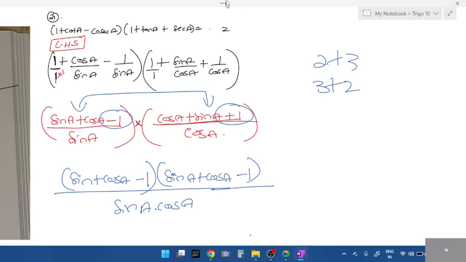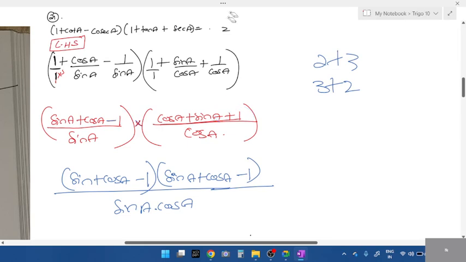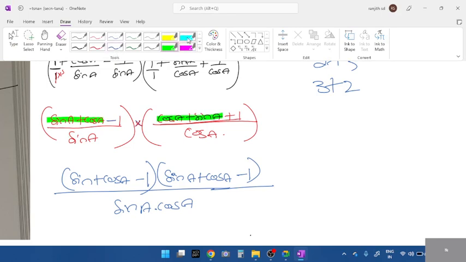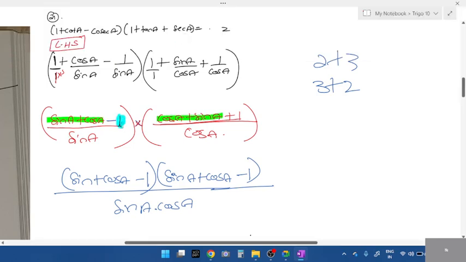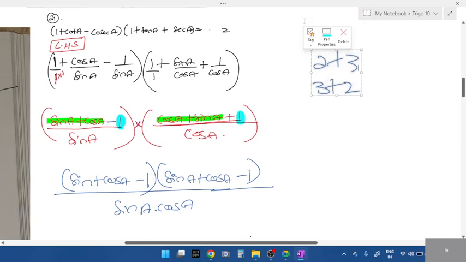Now, look, I'll tell you which one to take as A and which one to take as B, students. Observe the numerator. These two are the same in the numerator, right? Which is different, students? One is different and there is plus and minus. That is what I've arranged.